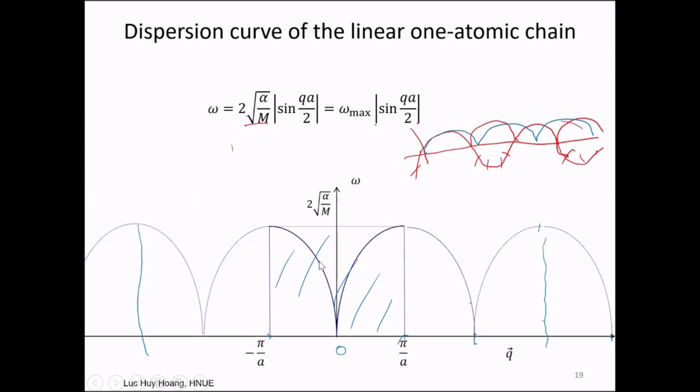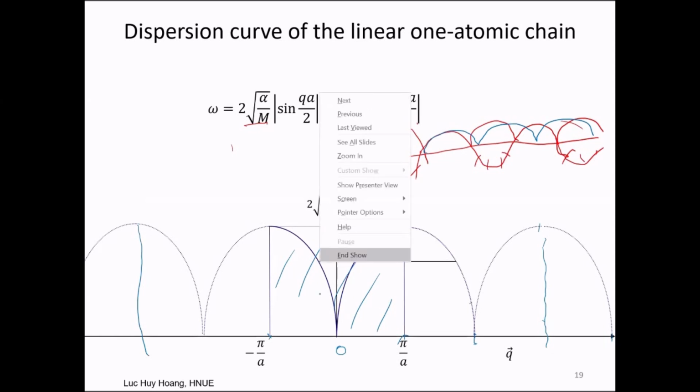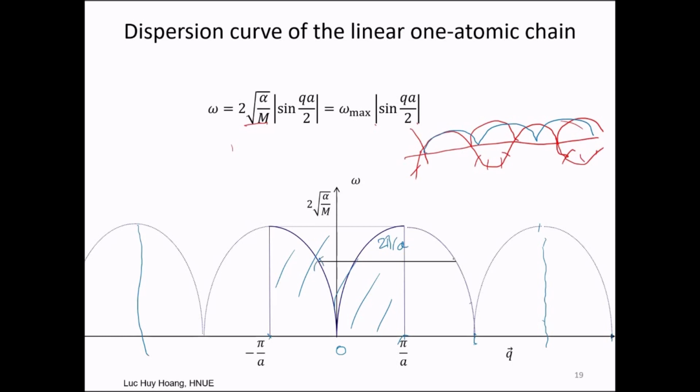We start from here, Q, and we displace by 2 pi over a. Because the displacement from minus pi over a to pi over a is 2 pi over a, this point becomes this point.